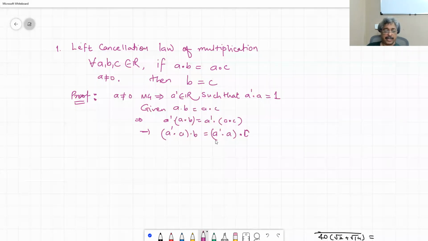Now everywhere we can write the reasons. This is 1 into b is equal to 1 into c. This implies b is equal to c. What is the reason for this? It is M4. What is the reason for this? Multiplication distributes. This is the definition of multiplication.